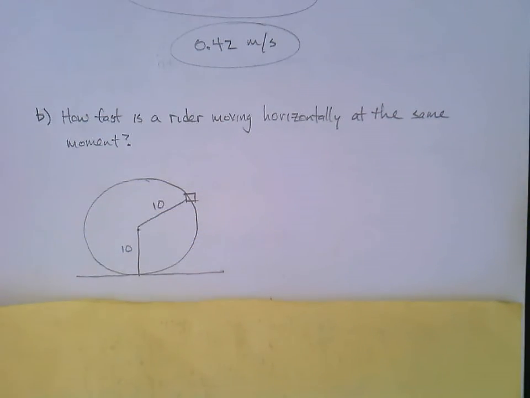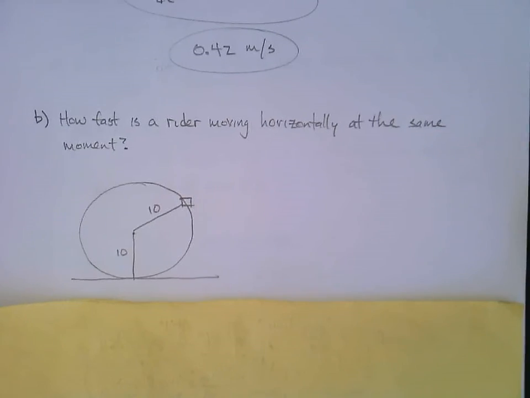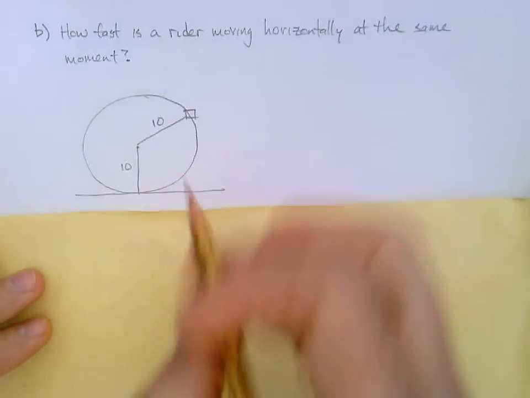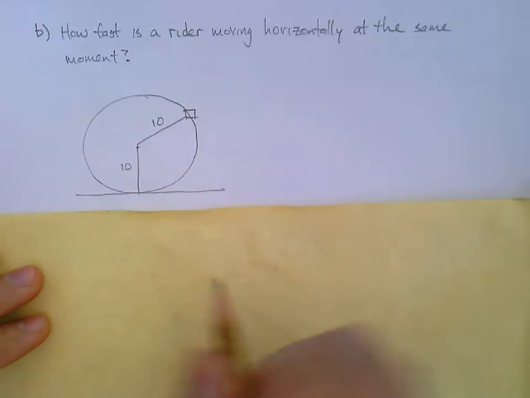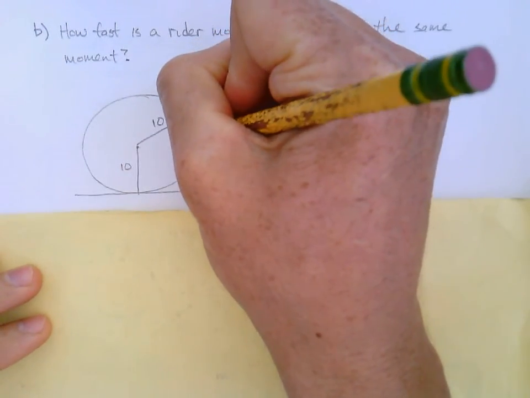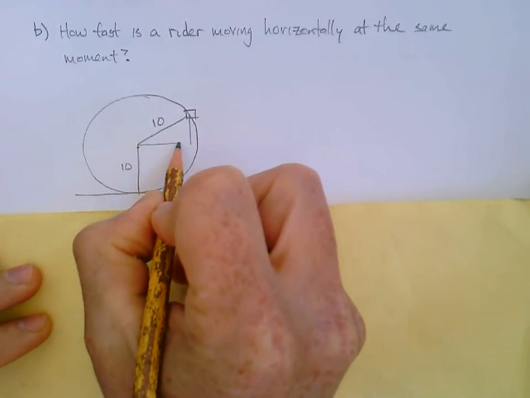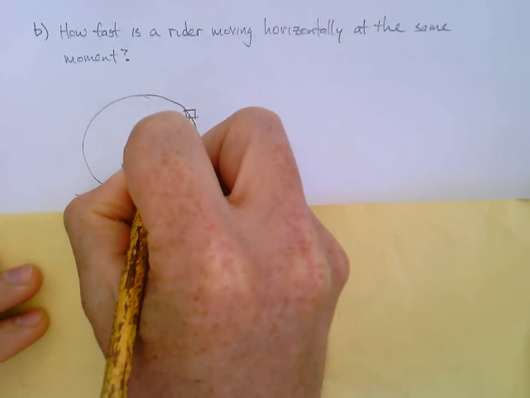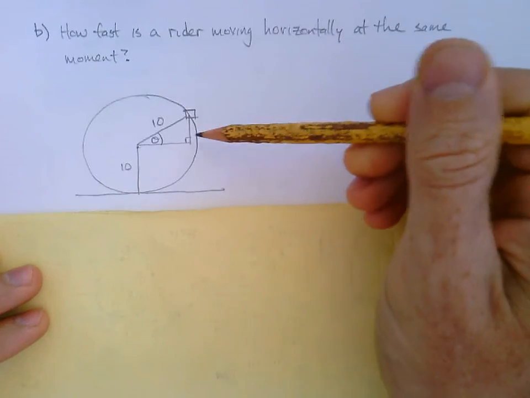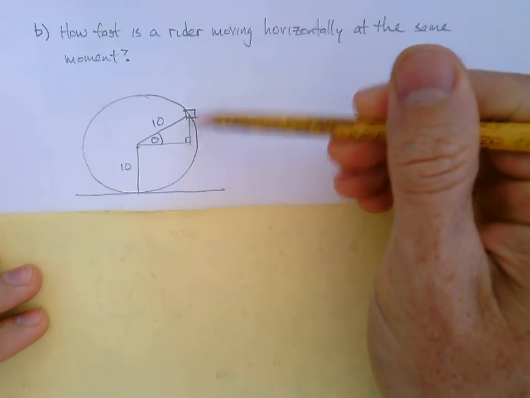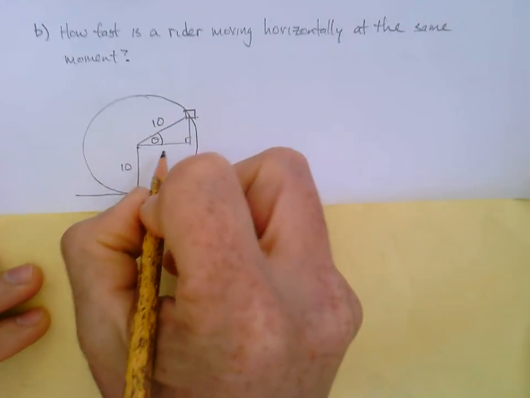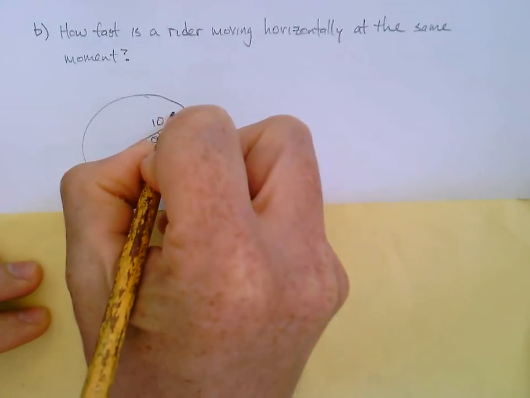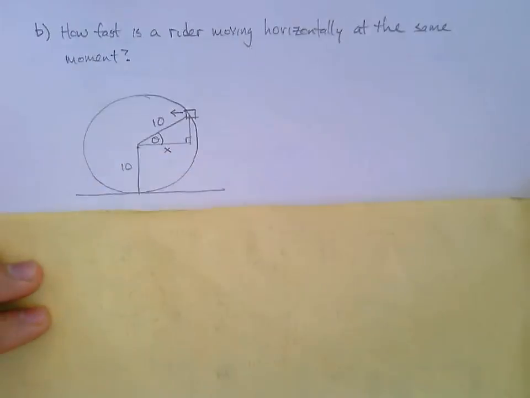Okay, so I've got the picture again, although you could use your same drawing as in part A. We've got the circle, we've got the ground level at 10, 10. I'm going to create that triangle again. Still labeling theta, but this time instead of labeling the vertical for the vertical motion, I'm going to label the horizontal, because we're going to think of this motion here.